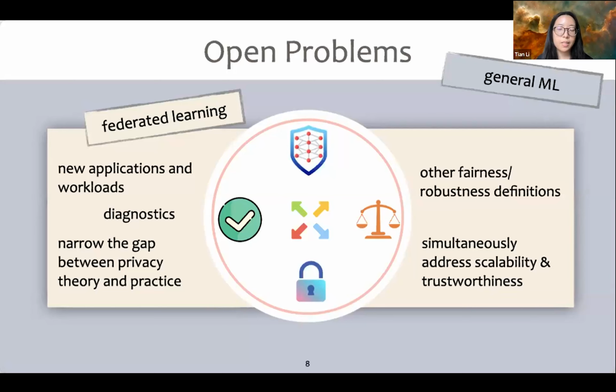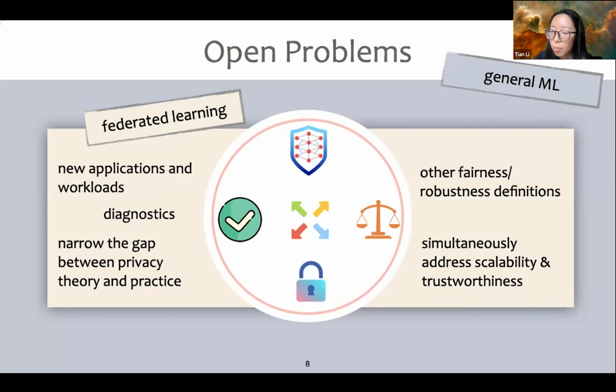For instance, lots of the current benchmarks developed from academia involve maybe millions of clients in the data set. I think that's close to what people see in industry settings.